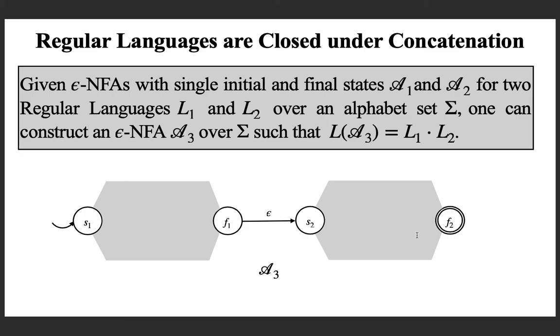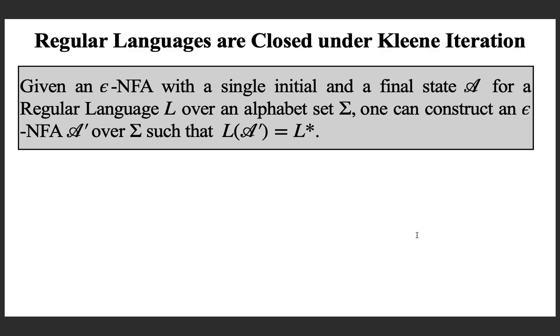And let me proceed to the last operation that we are going to see in this lecture, which is Kleene iteration. That is, given a language L, we need to construct an automaton for L star. And here is the claim.